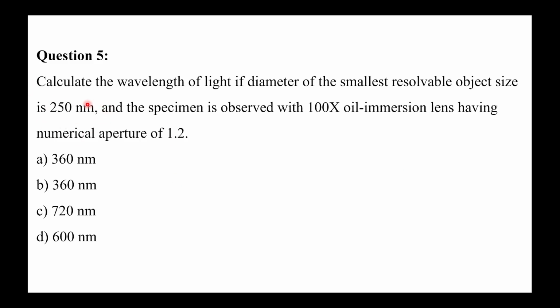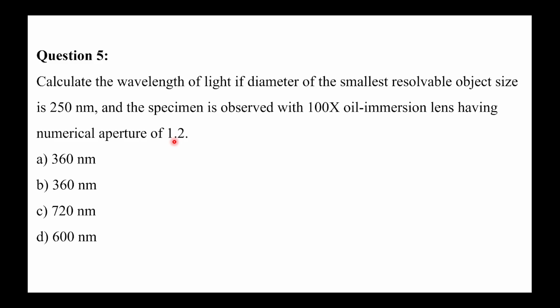So let's see what is given in the question. We have the resolution given as 250 nanometer and the numerical aperture is given as 1.2. There's a formula which is a relation between the resolution, wavelength and the numerical aperture. Resolution is directly proportional to the wavelength and inversely proportional to the numerical aperture.